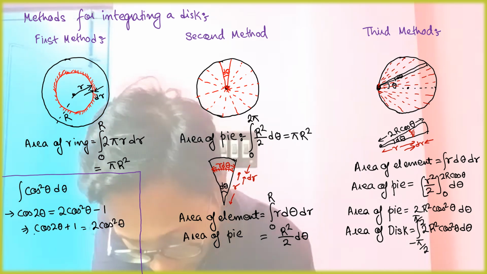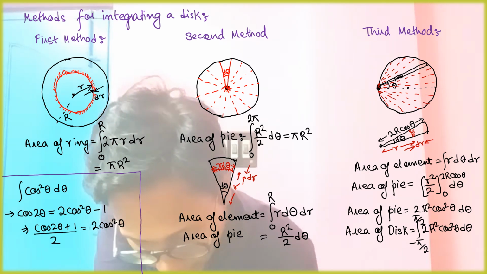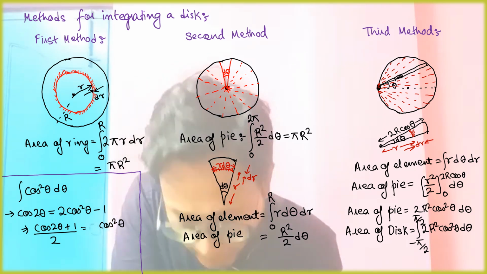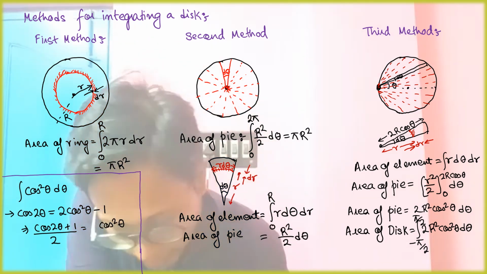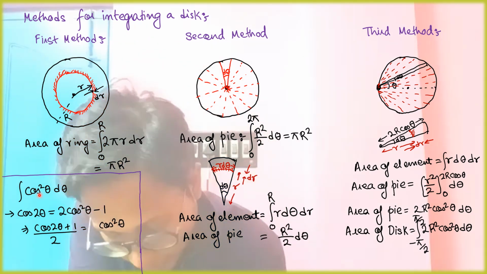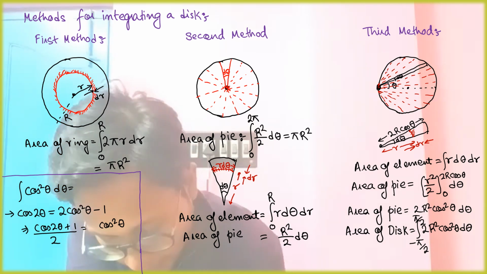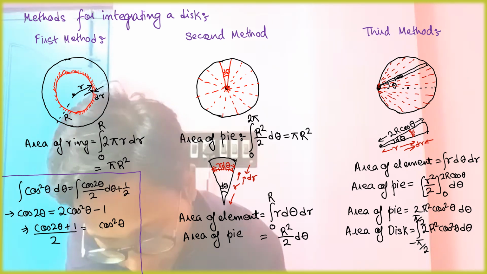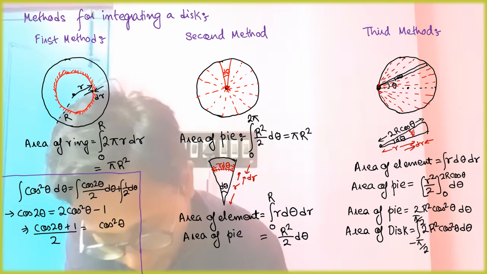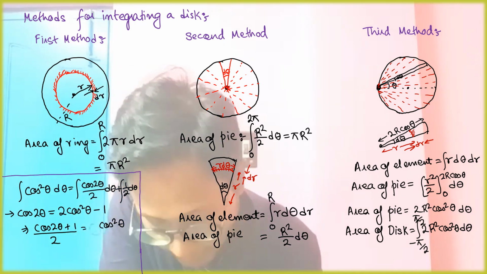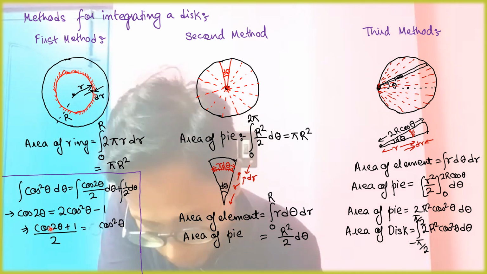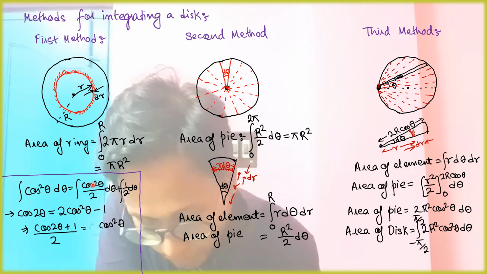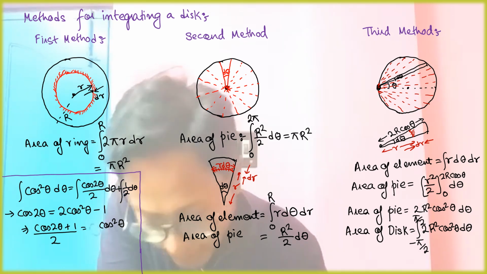Or divided by 2, cos square theta is equal to (cos 2 theta plus 1) divided by 2. So instead of writing cos square theta d theta, I'll write it as cos 2 theta by 2 into d theta plus 1 by 2 into d theta. You can separate these two terms: cos 2 theta by 2 d theta plus 1 by 2 d theta.